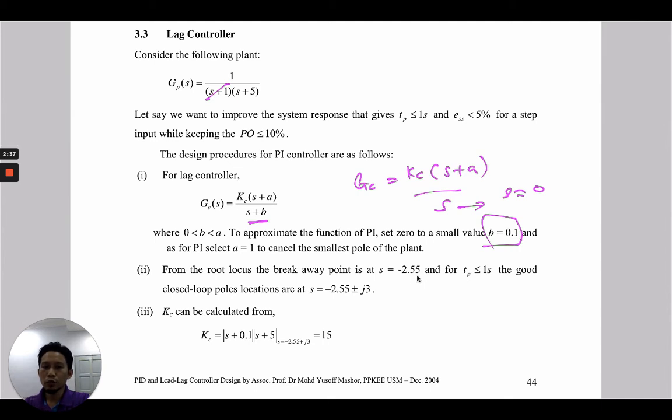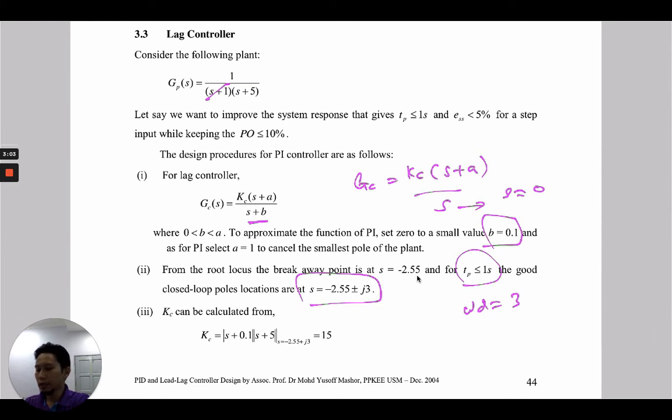We have learned in previous examples that to get TP less than 1 second, we will select omega D equals 3. So the closed loop poles are located at S equals negative 2.55 plus j3. And then we can calculate the value of Kc.